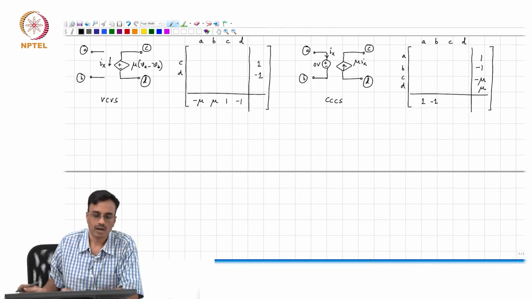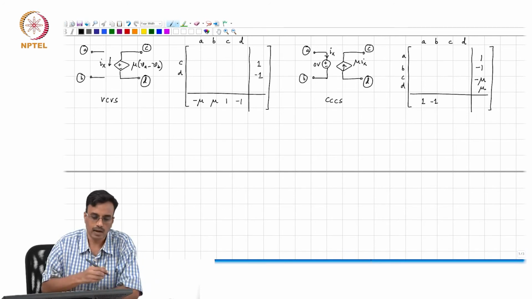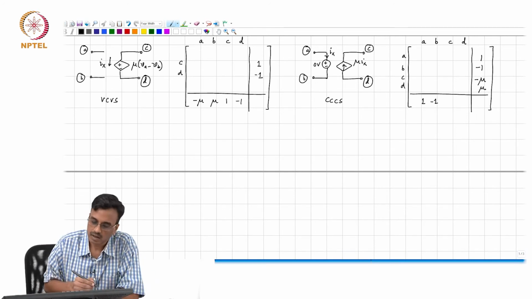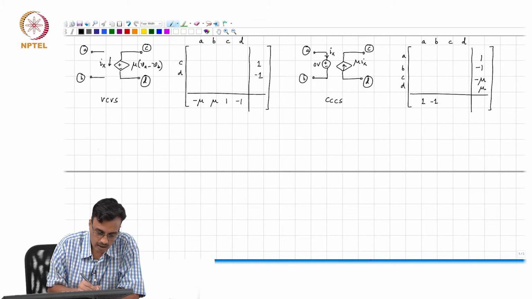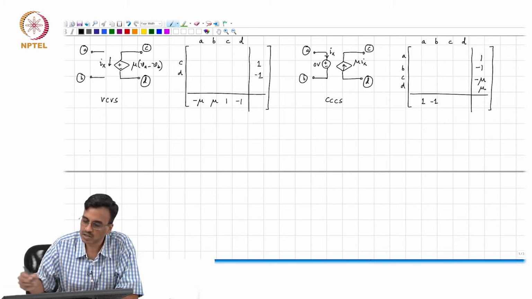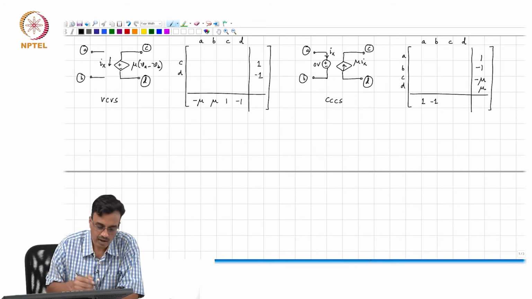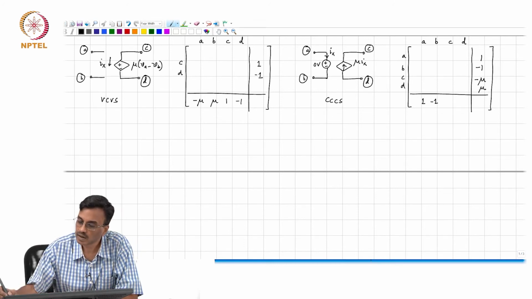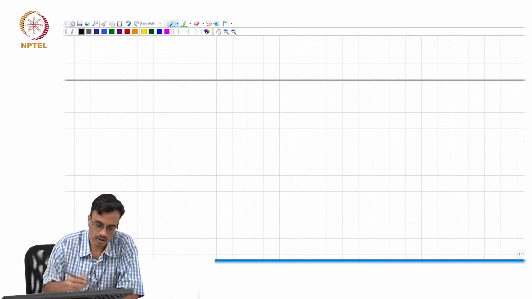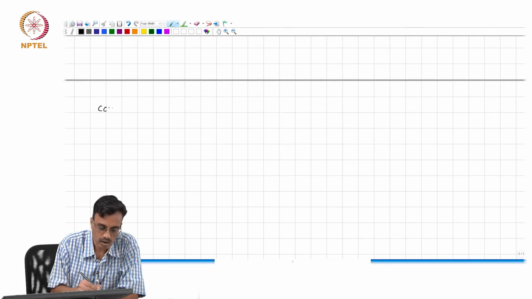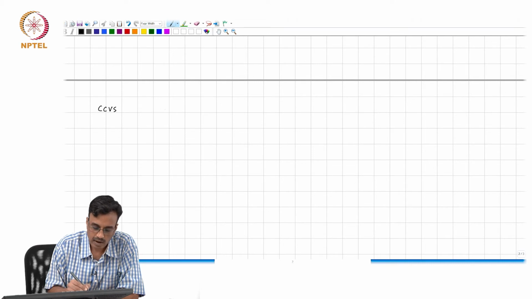Okay. The next thing is the current controlled voltage source. We have seen the voltage controlled current source, the voltage controlled voltage source, the current controlled current source, and the last man standing is the current controlled voltage source. And how will this look?